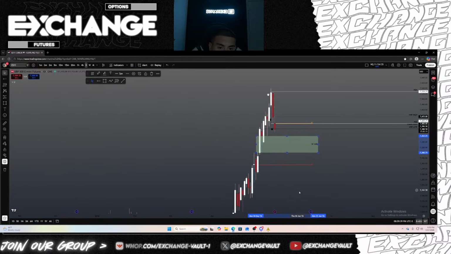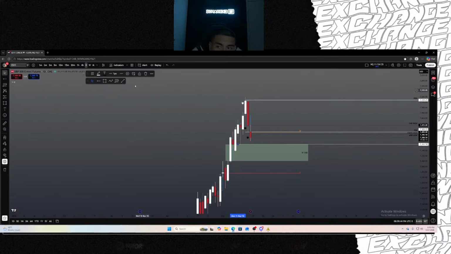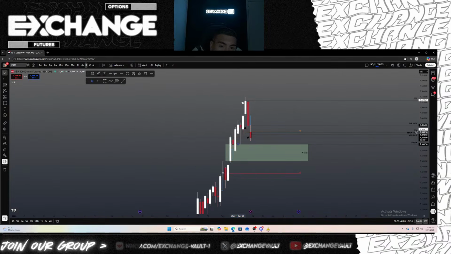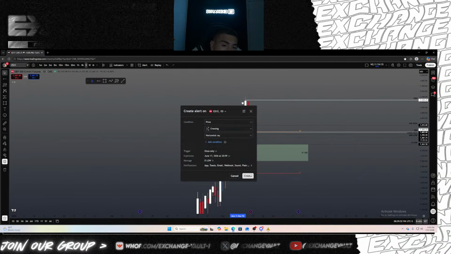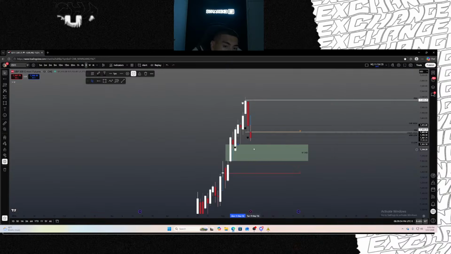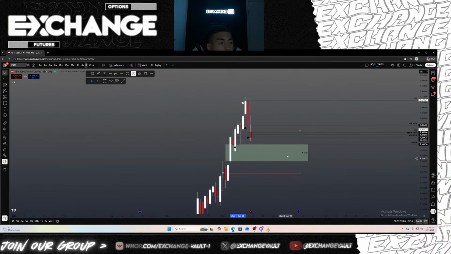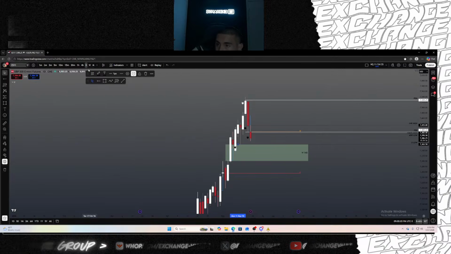I'd want to see it tap into this weekly imbalance, but hold this low on the daily, because that is my daily low, my last low that caused a break above the high for continuation. So we're possibly selling off right now to target this weekly imbalance, and then hold this low on the daily, and then we can pop nasty. Now it makes sense why we're selling off. Okay, cool. This is why you go through every time frame.